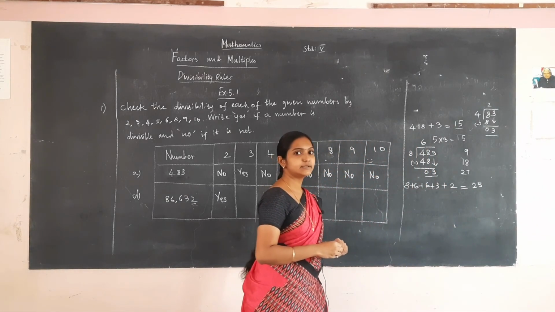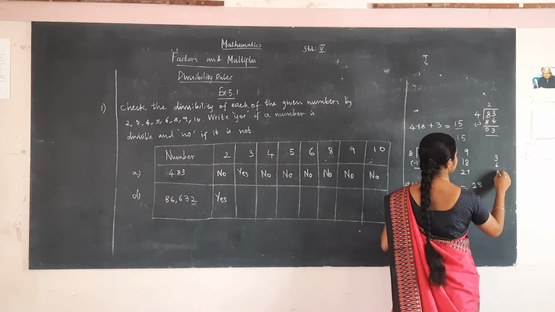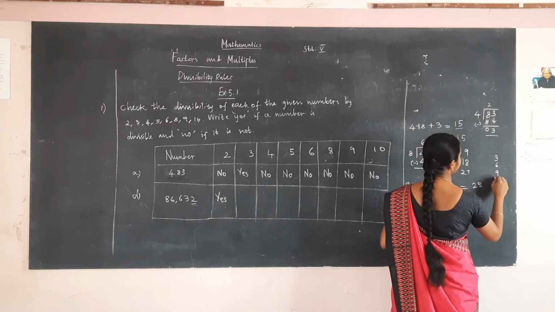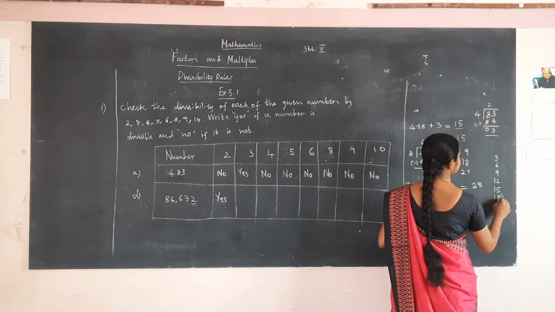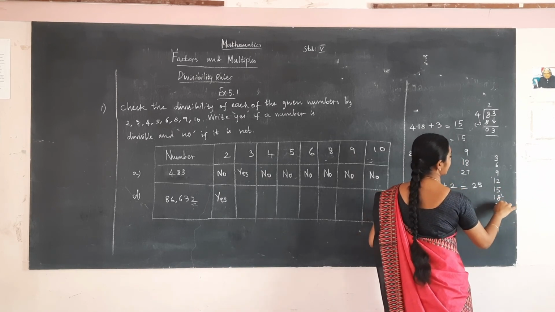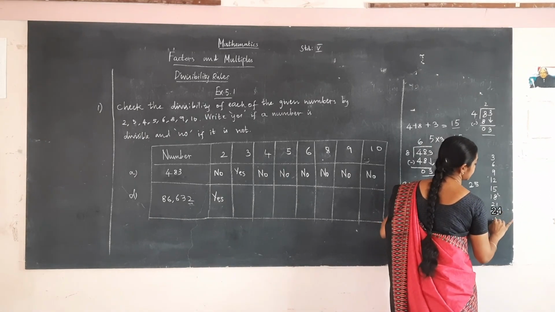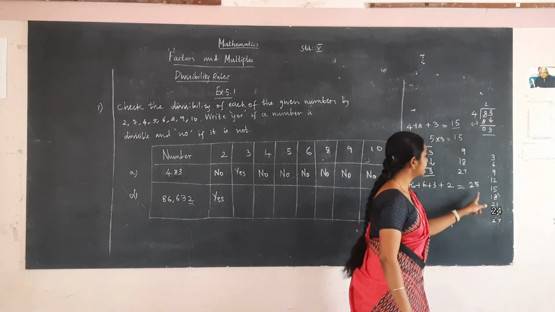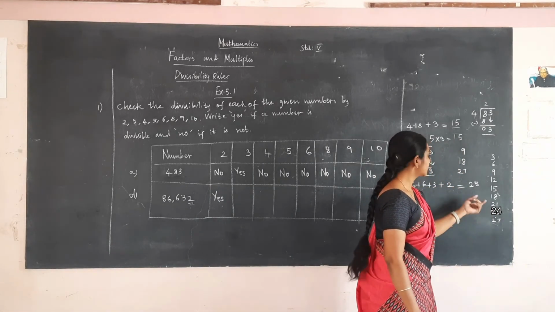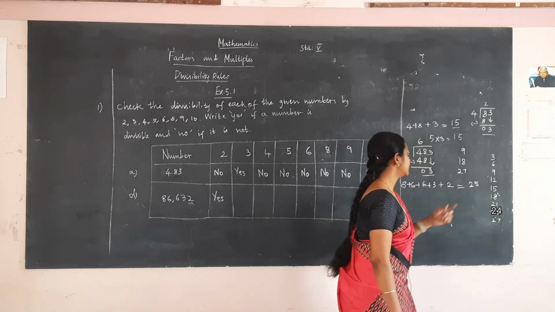Write the multiples of 3: 3, 6, 9, 12, 15, 18, 21, 27. These are the multiples of 3. We can't find number 25 here, so number 25 is not divisible by 3. So write no.